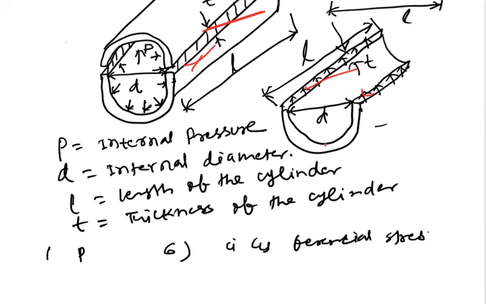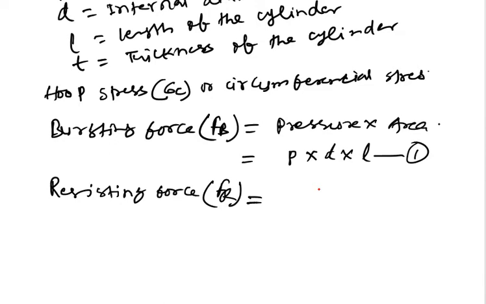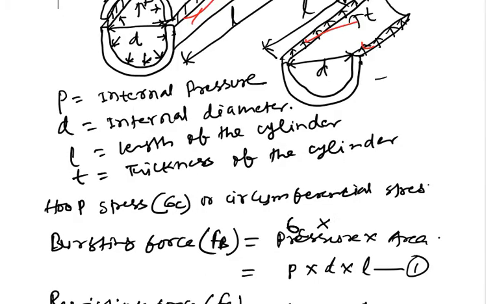So the resisting force is equal to stress into area, because stress is equal to force upon area. Suppose the stress is the circumferential or hoop stress, sigma C, and what will be the area?